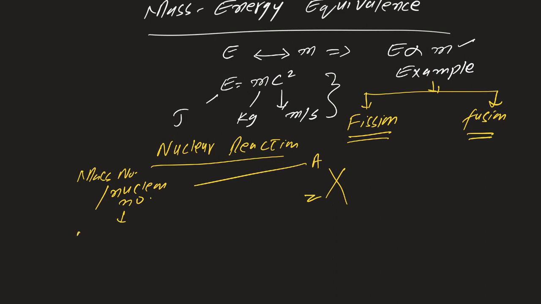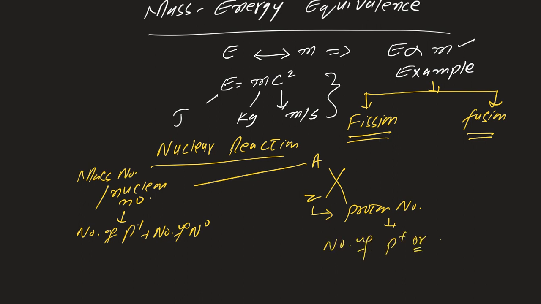Nucleon number means the number of protons plus the number of neutrons inside the nucleus of a radioactive element, and Z we call the proton number, and it is equal to the number of protons or electrons present inside an atom.